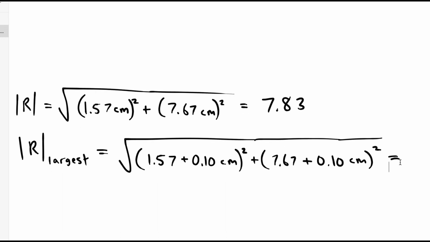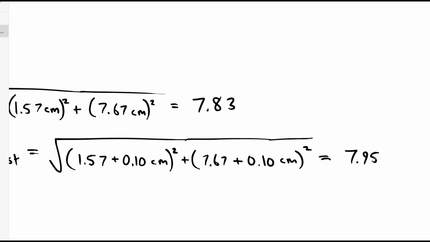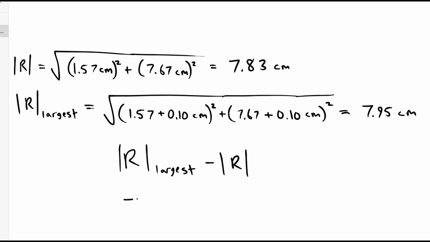Let's see what that gives us. I get 7.95 for that. Then if we just subtract the largest minus the best estimate, we'll get a good estimate of the uncertainty in R's magnitude. So they could differ by as much as 0.12.